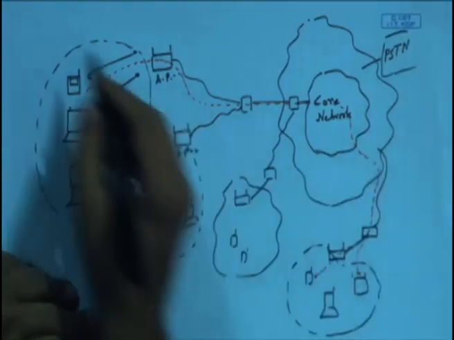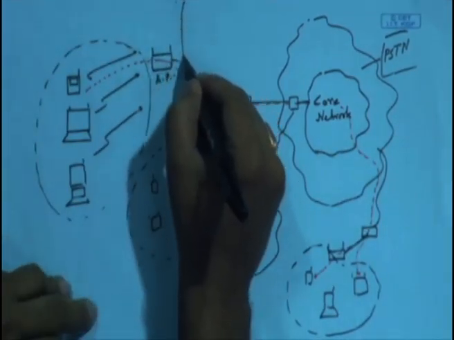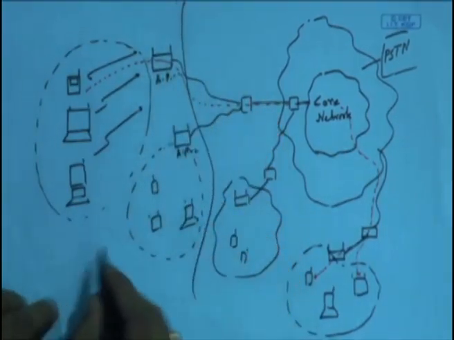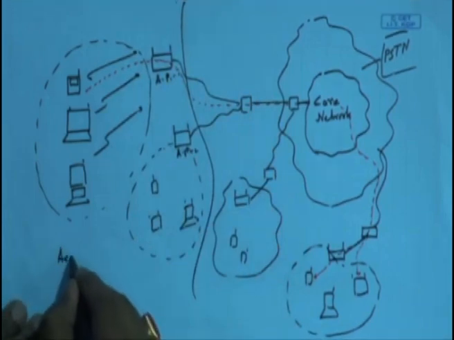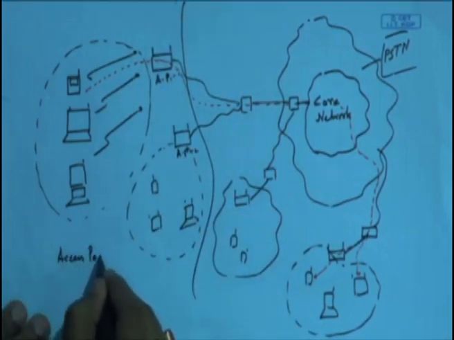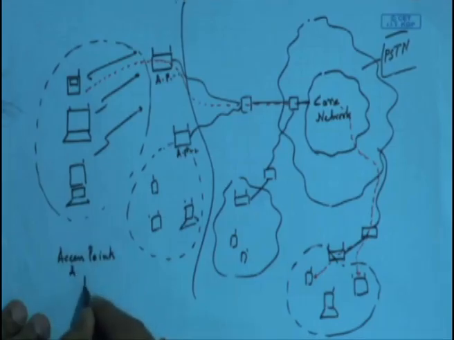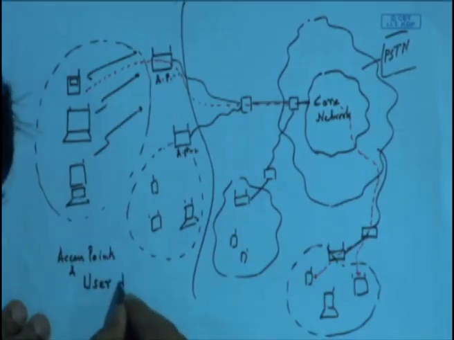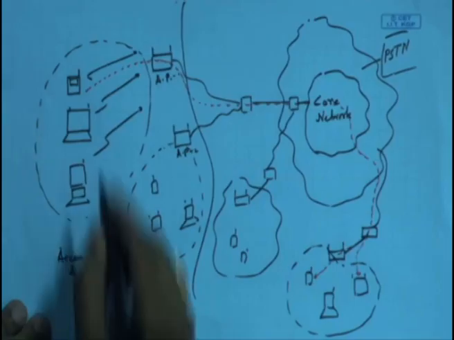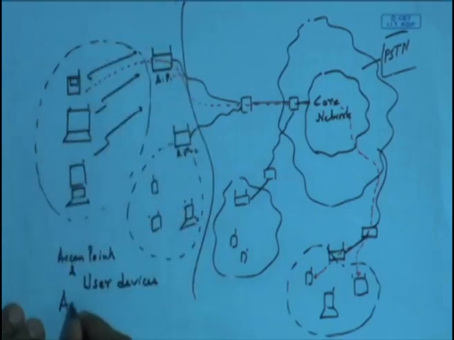This part of the network, which is the network of the access points and user devices, is known as the access network.